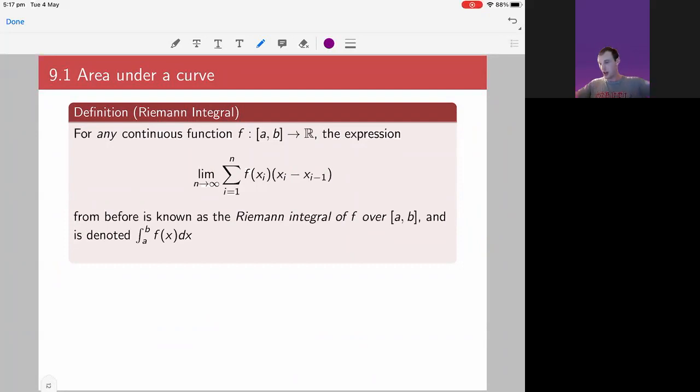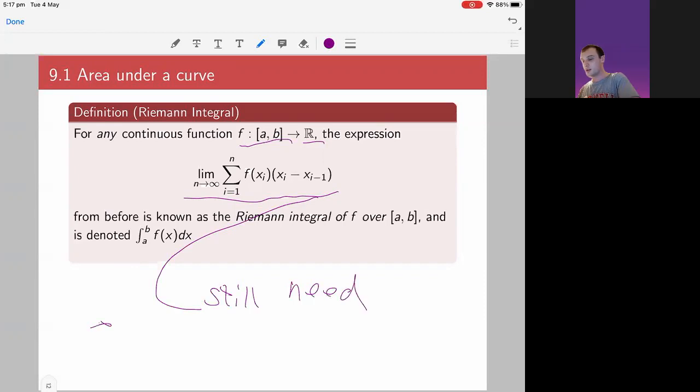As before, if you've got a continuous function that goes from the closed interval [a, b] to the reals, we're going to define the integral of this function to be the limit of these Riemann sums. And as before, we still need the length of the maximal subinterval to vanish.